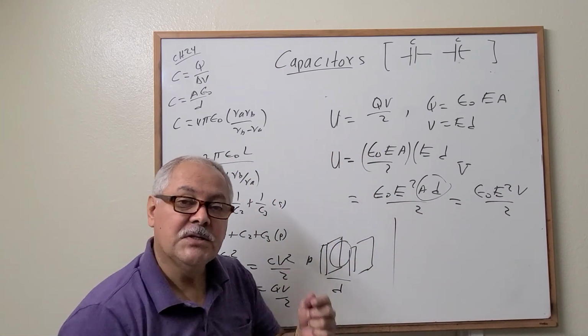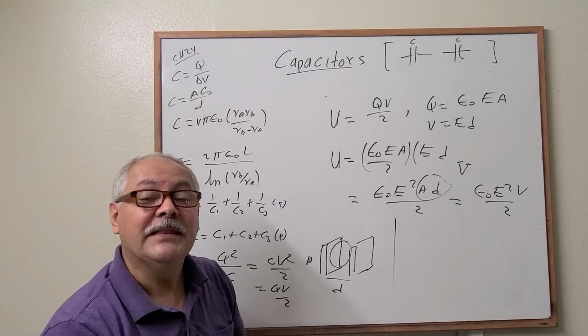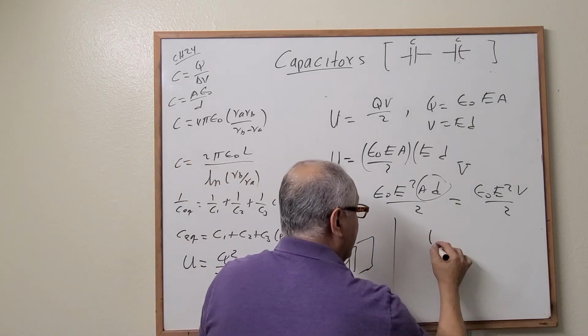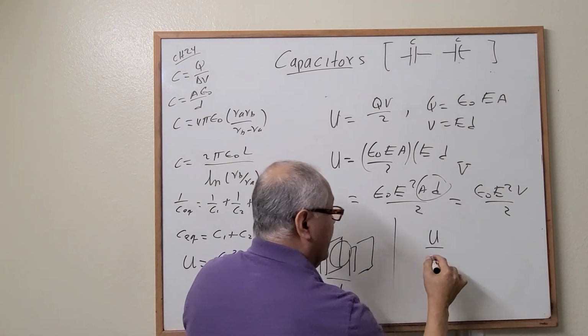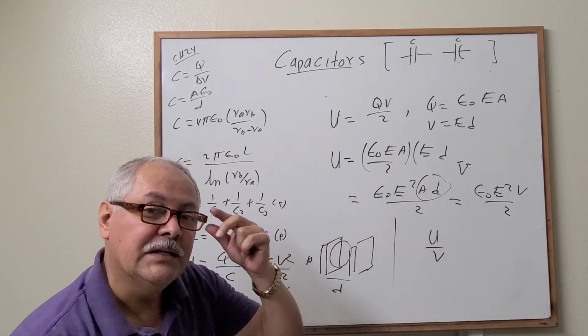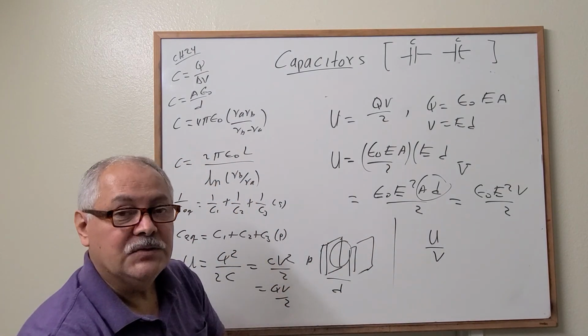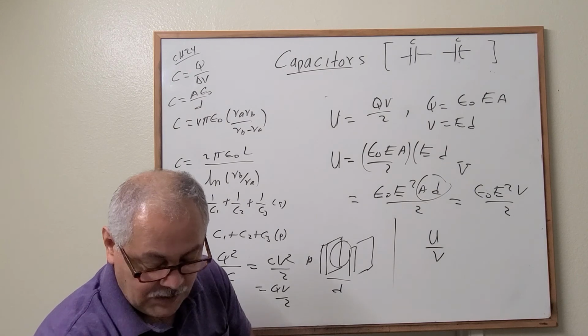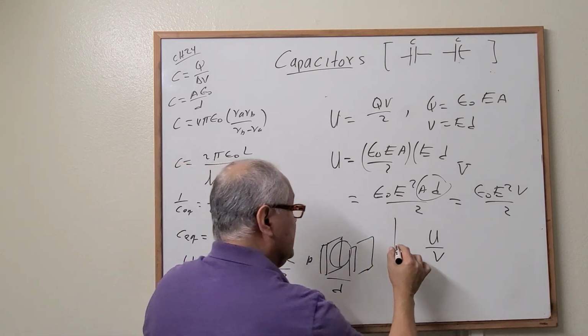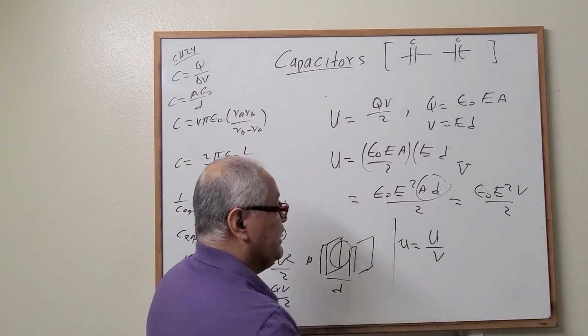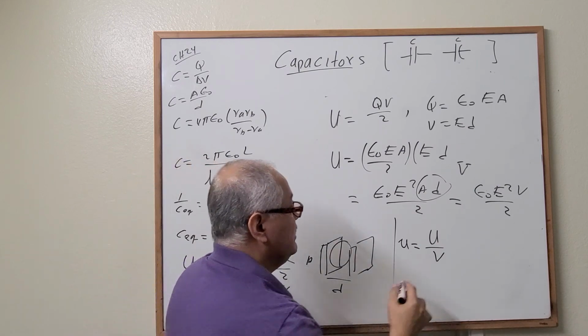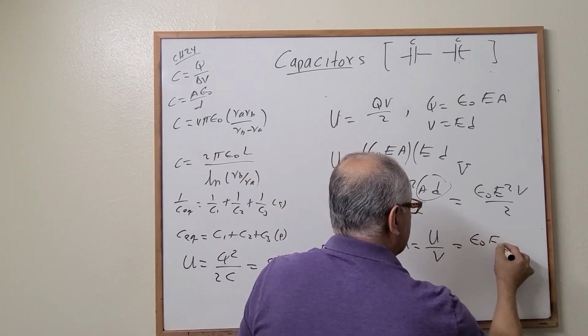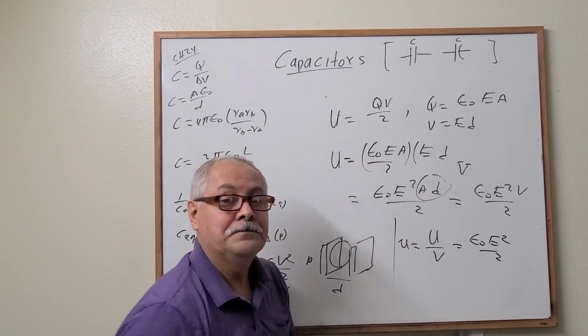Now it's very common to use the density. If we divide this energy by volume, we have a density, in this case the electric energy density. We use U to represent that density, which is equal to epsilon naught E squared divided by 2.